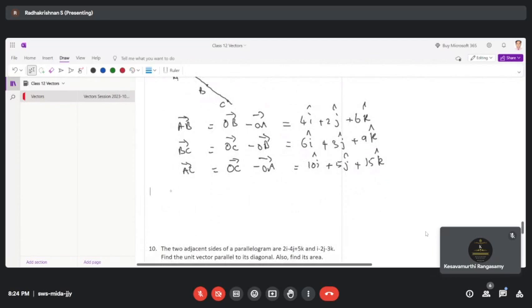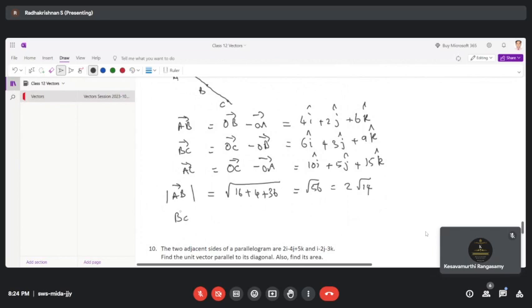So now we can simply write down the magnitudes. 4 square plus 2 square plus 6 square. This is 14 into 4, so I can write it as 2 root 14.